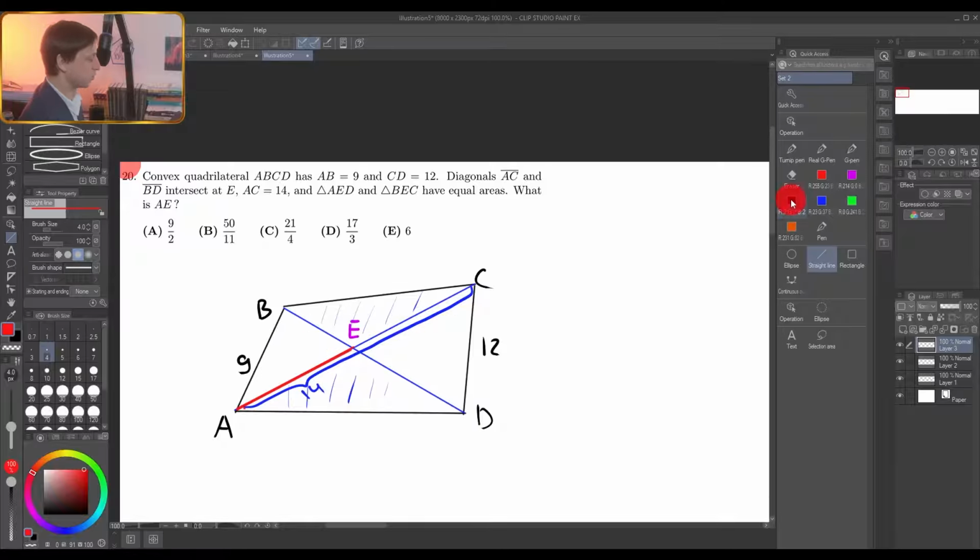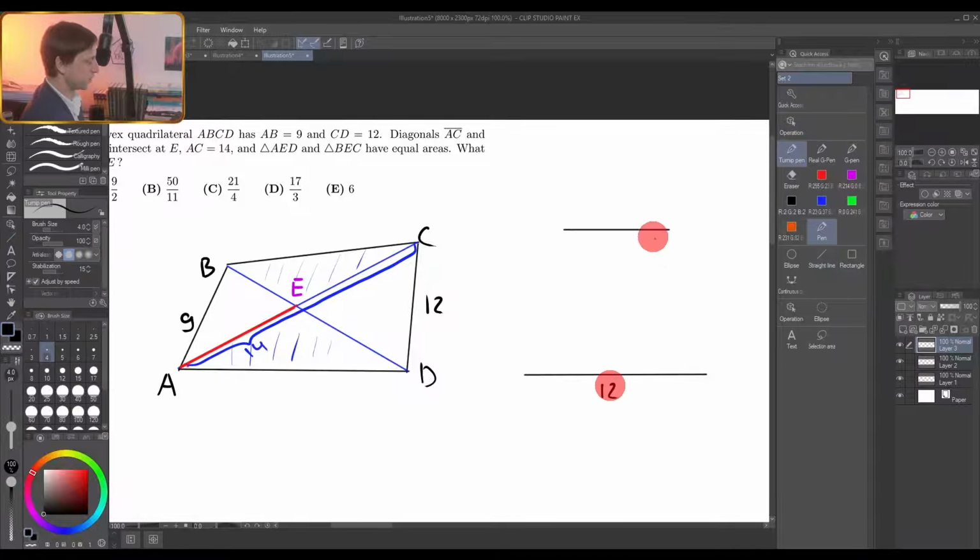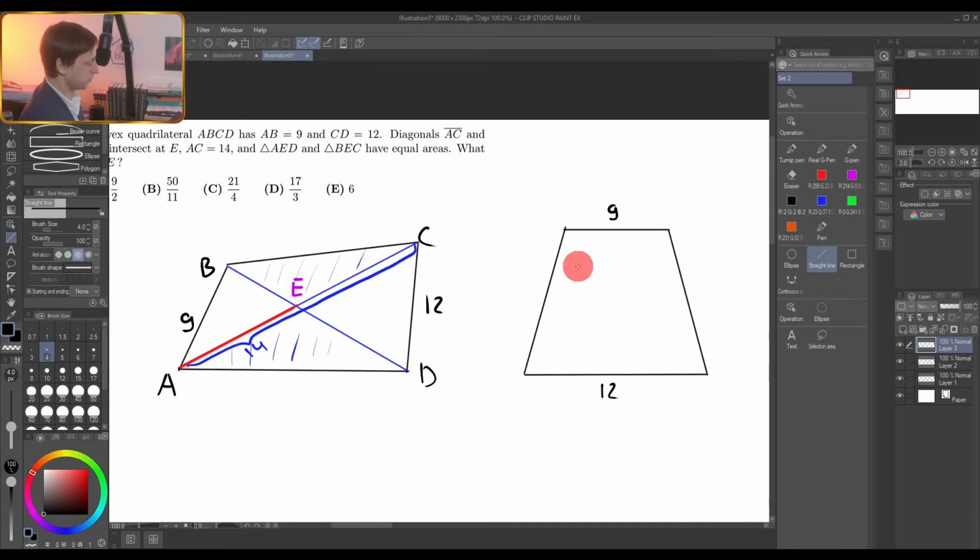And of course, it's a great time now to redraw our picture. So now here we'll have CD, and here we will have AB, which is a little bit smaller, so CD is 12 and AB is 9, and it looks like we have a trapezium here, right? So it is a trapezium. Here we will mark AB, here we will get DC as earlier.